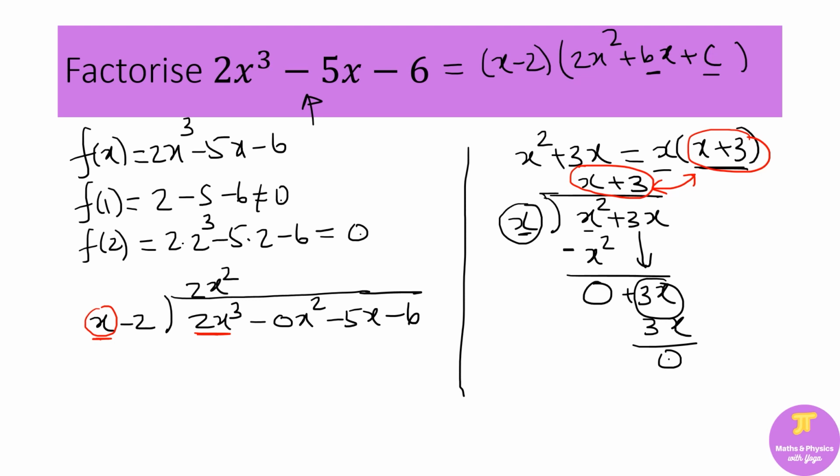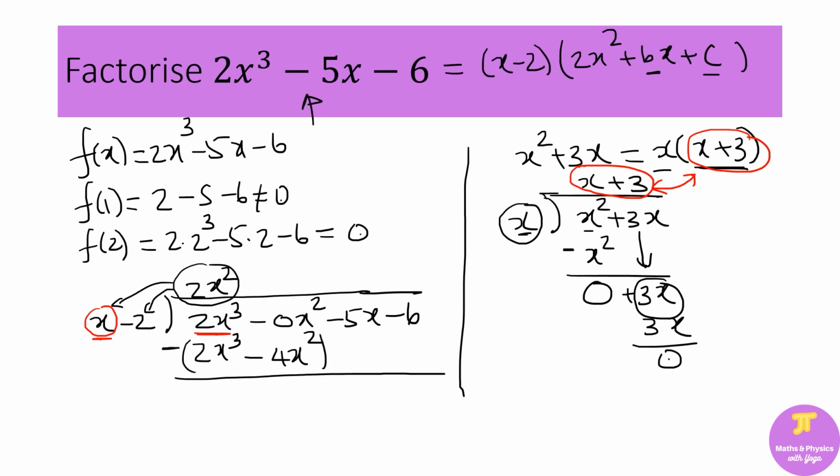Then we multiply this out: 2x squared times x is 2x cubed. 2x squared times minus 2 is minus 4x squared.